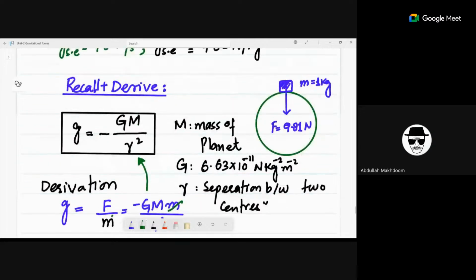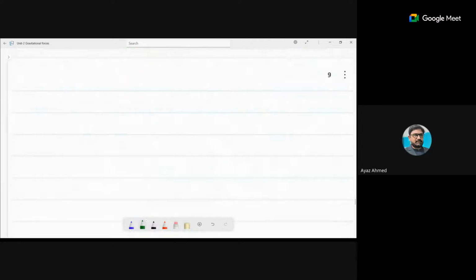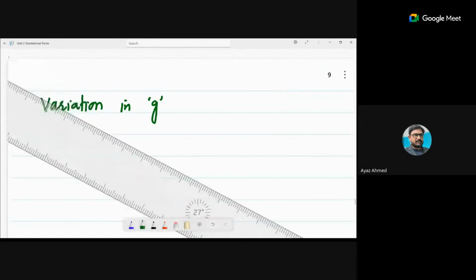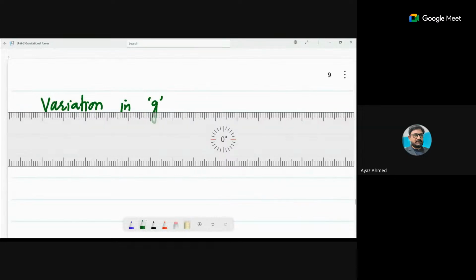Okay. So there are some specifications of that, and one of that is when I say variation in g. So variation in g matters a little, in which I have to give you a little concept. Variation in value of g. So variation in the value of g has two aspects.